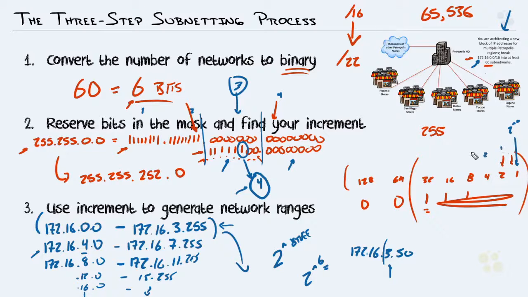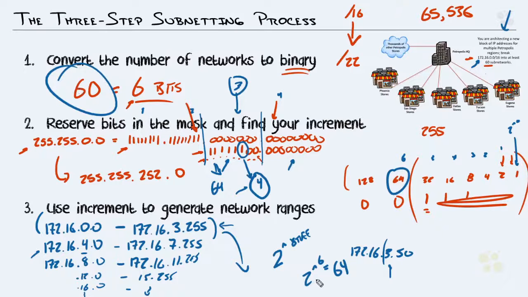So you've got 1, 2, 3, 4, 5, 6, right? 64. So 2 to the power of 6 is actually 64. So that tells us, okay, this gives us 64 subnetworks. That's at least 60. Now, will you ever nail it right on? You could. I mean, you've got an 8 out of 255 chance, right? But you're always going to get just a little more when you do these, right?